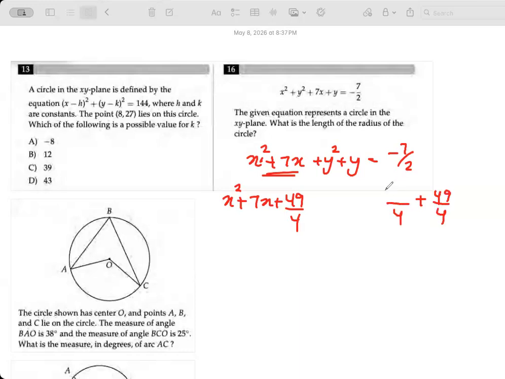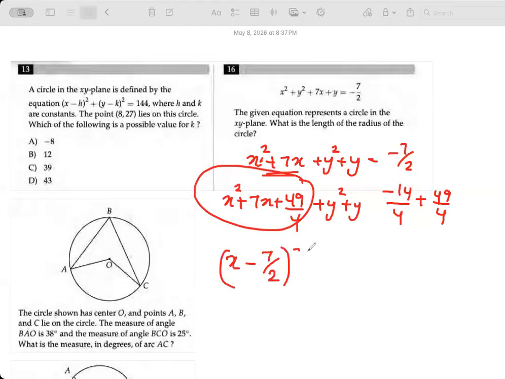So here it becomes minus 14, plus y squared plus y. I just took the 49 by 4 to the other side. This I already completed, the whole square.